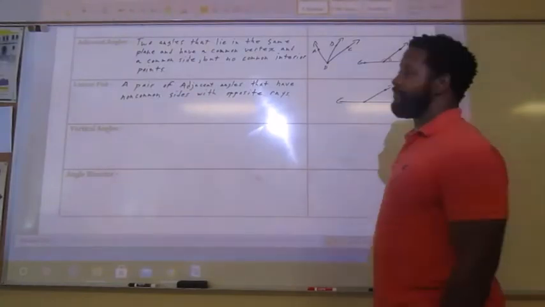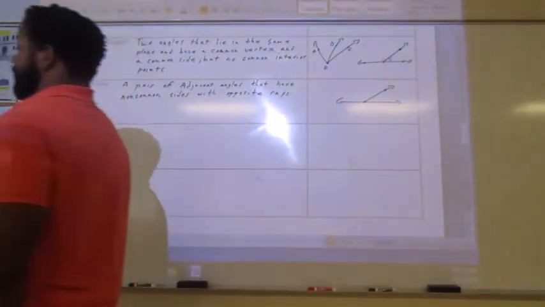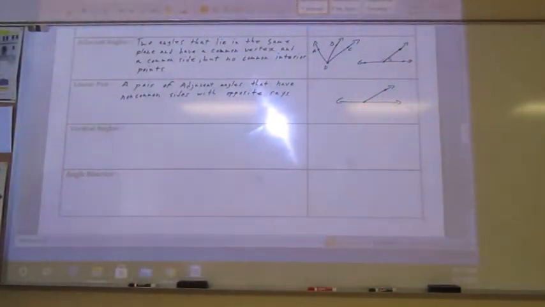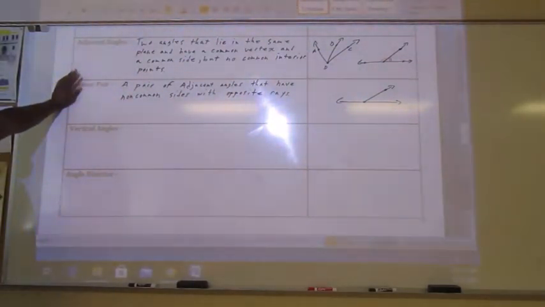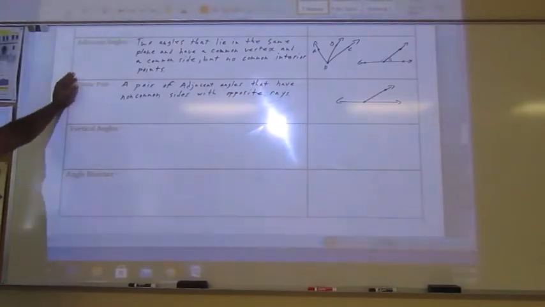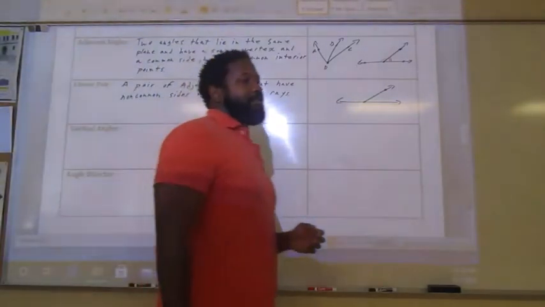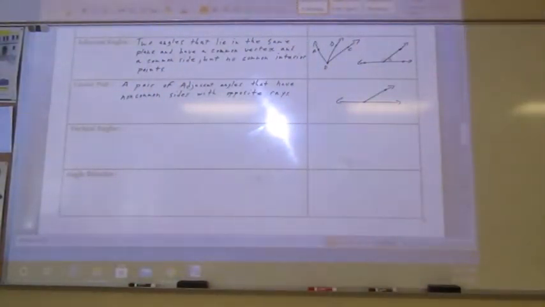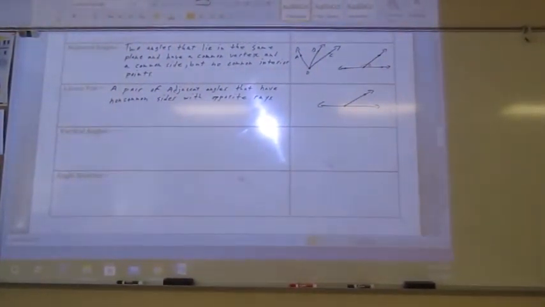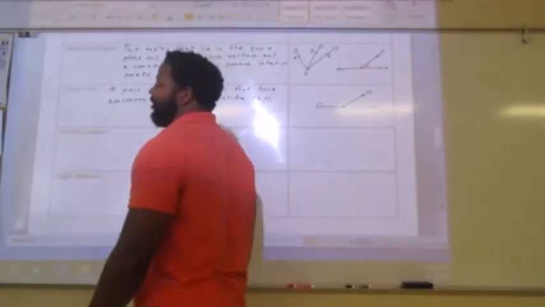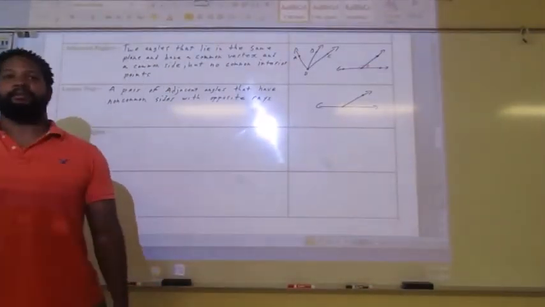Long story short. Vertical angles. You will see vertical angles all the time. Now, I'm going over adjacent angles and linear pairs. Adjacent angles in linear pairs mainly go along with supplementary angles, okay?